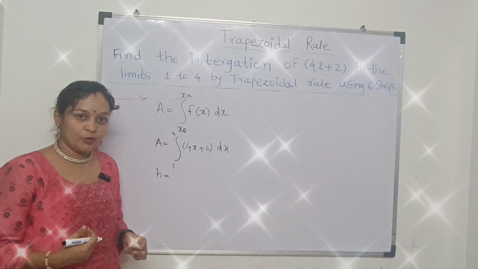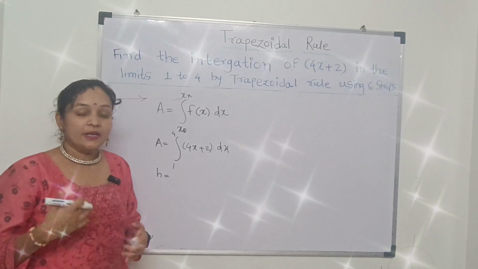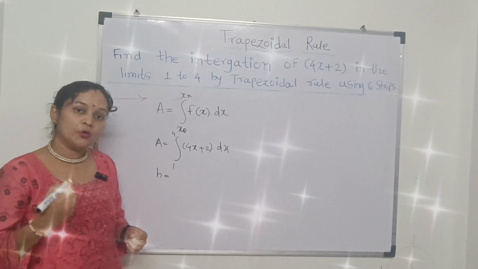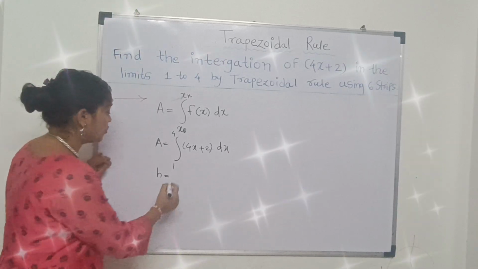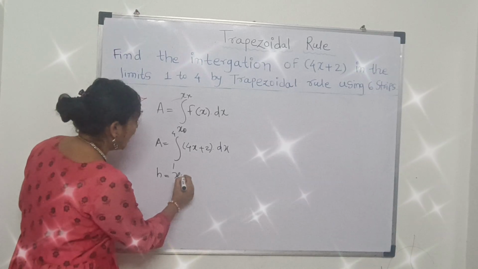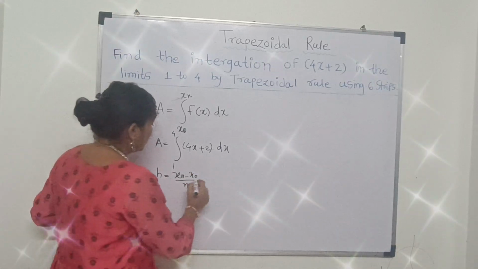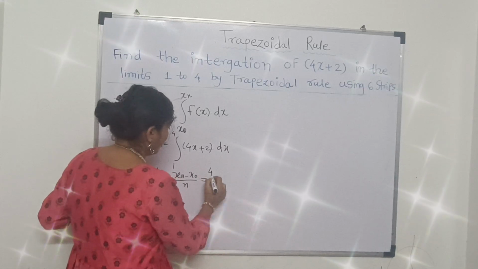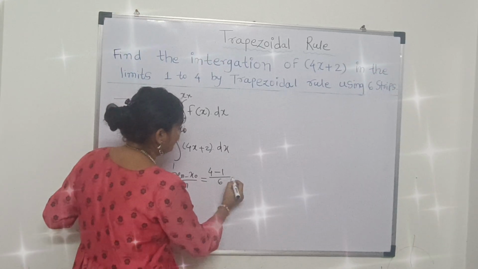which determines the accuracy of a particular method. Here if h is less, it gives higher accuracy. So h is equal to xn minus x0 divided by n. The xn value is 4, the x0 value is 1 and the n value is 6.